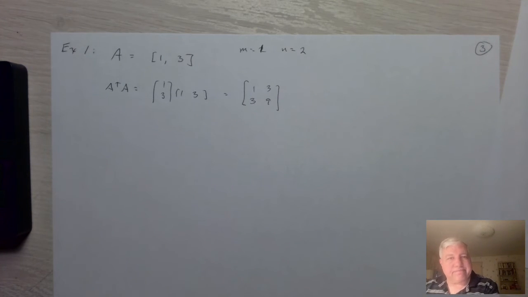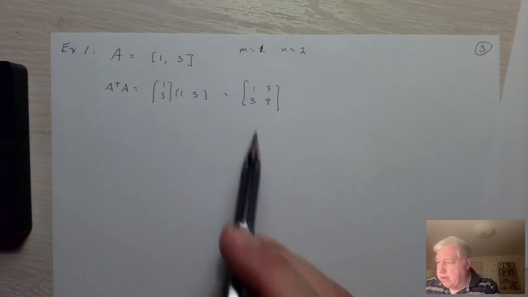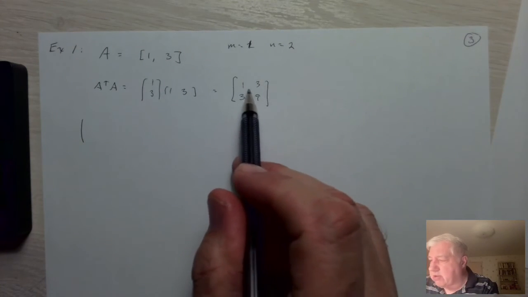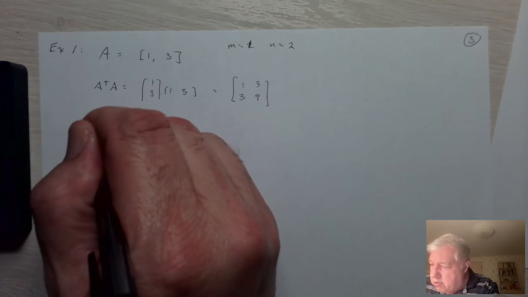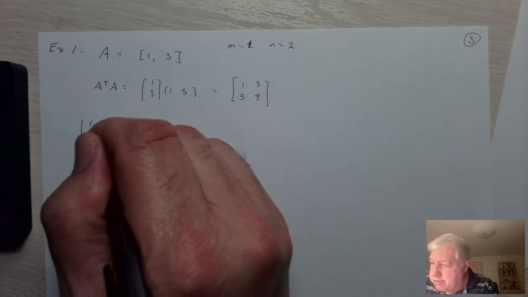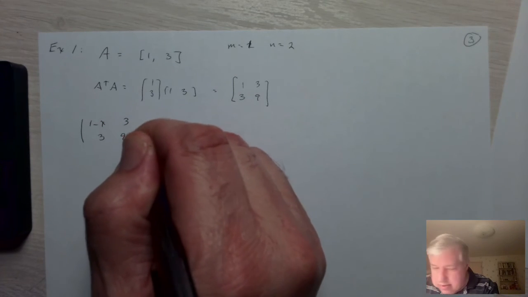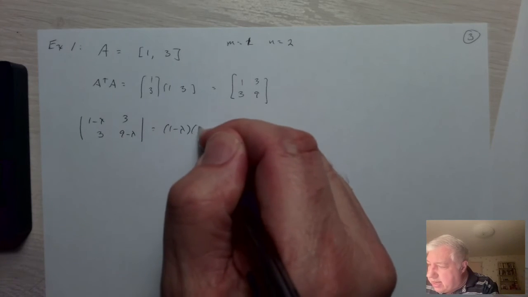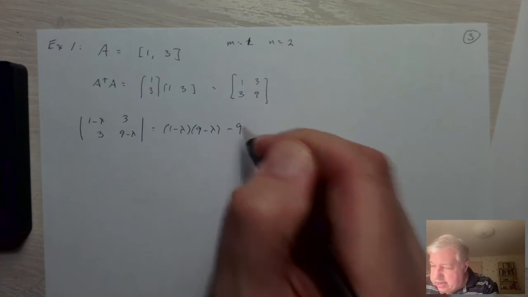Now to find the singular value decomposition, we get the eigenvalues first. So take the characteristic polynomial. We take the determinant of 1 minus lambda, 3, 3, 9 minus lambda. This is going to be (1 minus lambda)(9 minus lambda) minus 9.